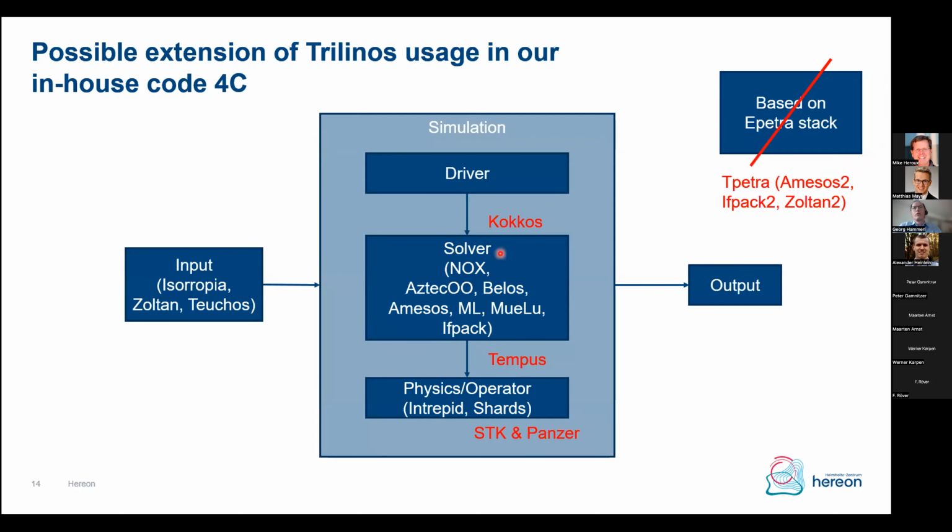We have also thought about where it would be possible or maybe interesting for us to extend the Trilinos usage within our in-house code. And something that Matthias has already mentioned, we need to leave the Epetra stack and would like to switch to Tpetra.